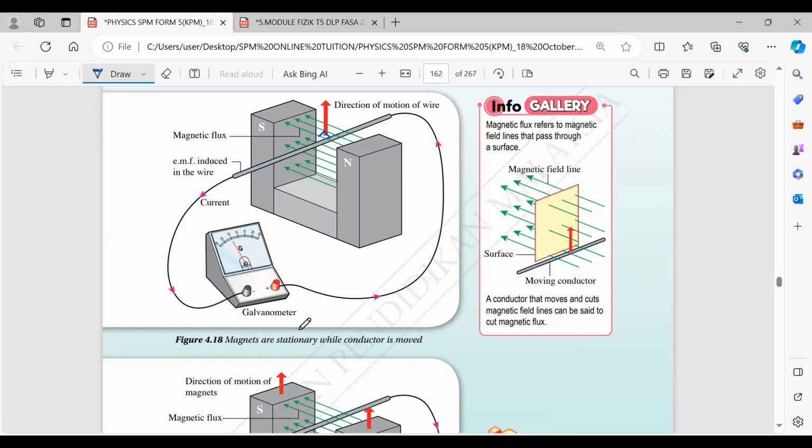When you move in this direction, this is the area that is going to sweep across the magnetic field. So the conductor that moves and cuts magnetic field lines can be said to cut magnetic flux.